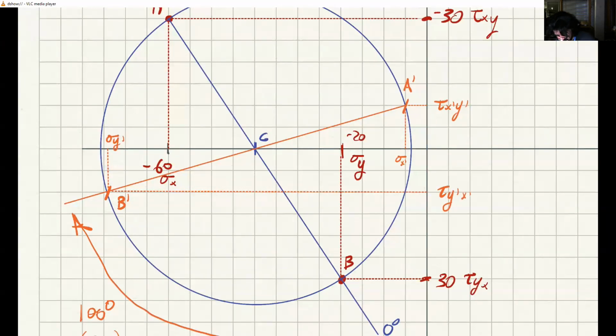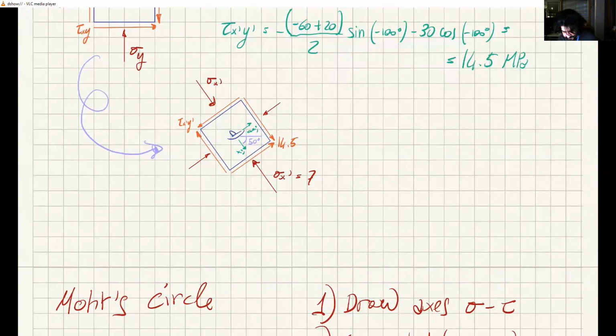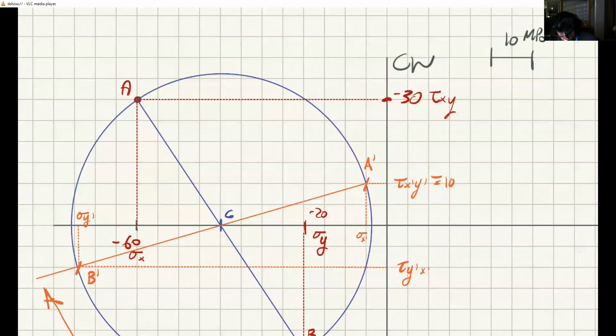So we can see this is circa 10 megapascals, which if we look at it, it's 14.5 here. Okay, so almost the same.